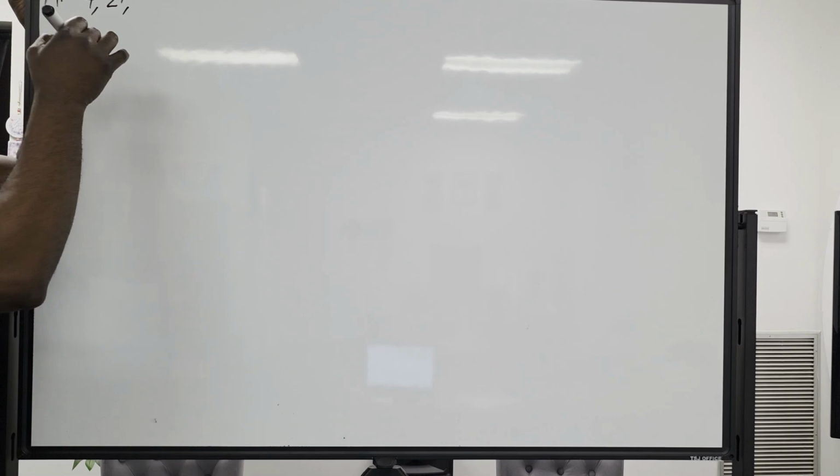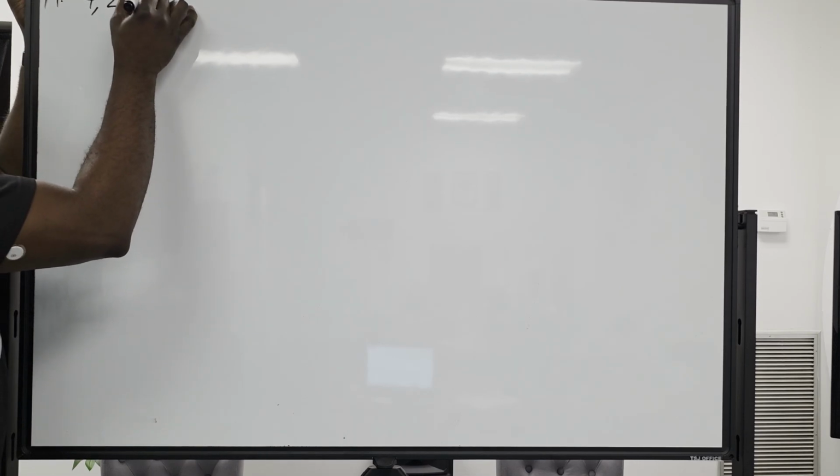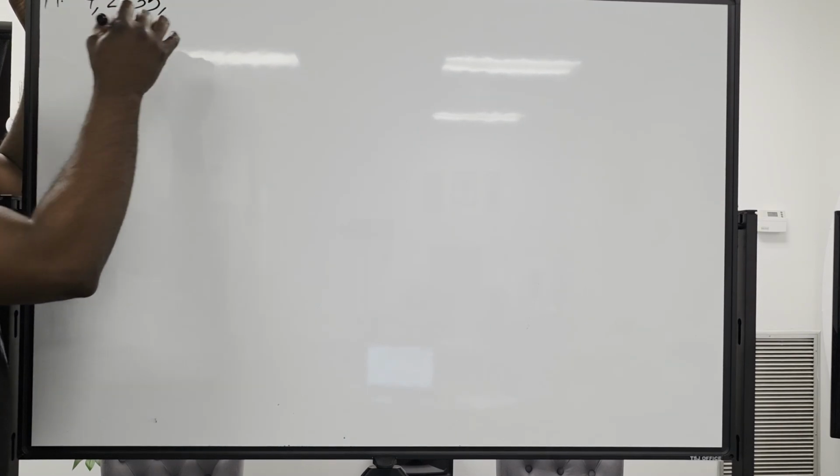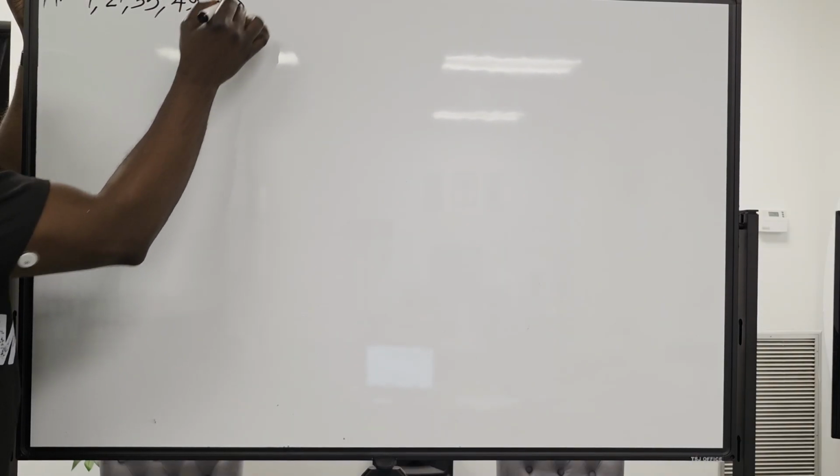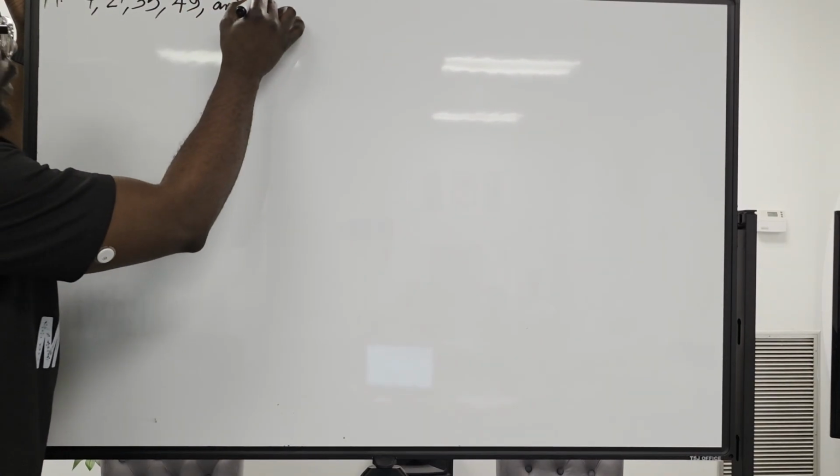Question 19. It says the first five terms of an arithmetic sequence are 7, 21, 35, 49, and 63.